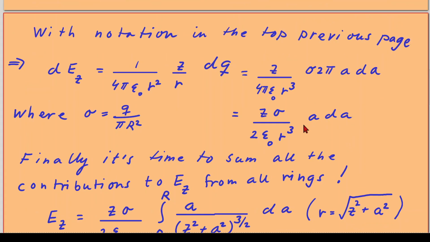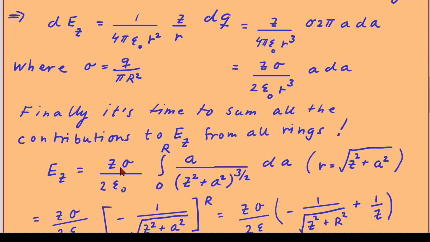But now to get the whole circular plate, we need to sum all the rings, and that we can do by integrating. So in order to do that, we integrate here and here. So here you sum all those, so you get the total electric field in the z direction.